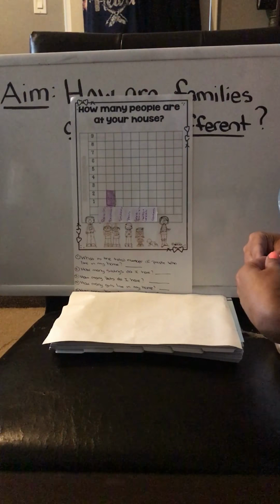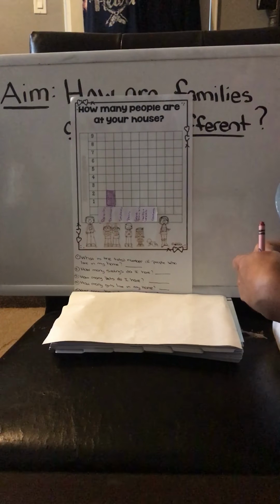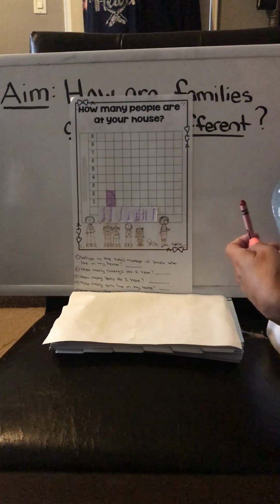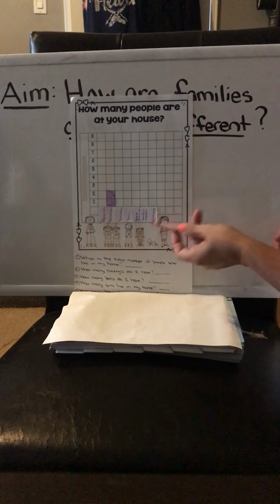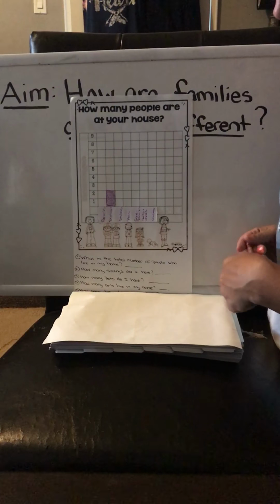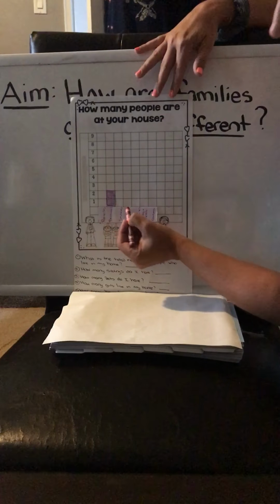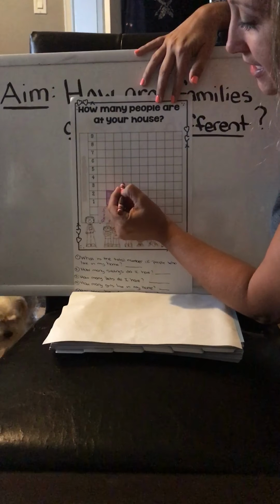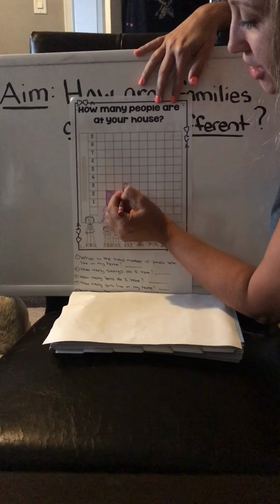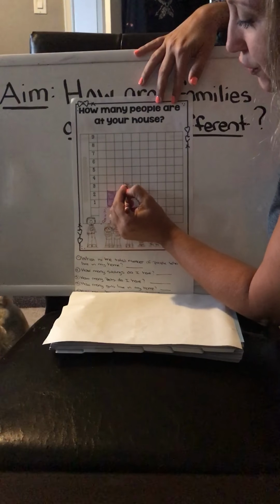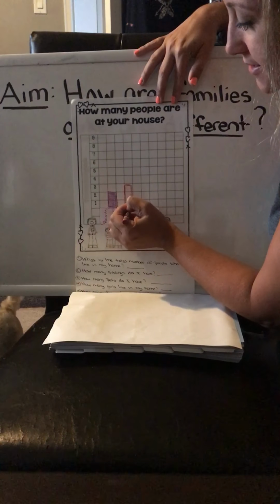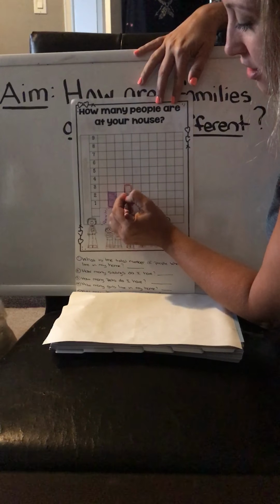And then perhaps later on, when you turn and talk to your partner, you can let them know what type of pets that you have. But for this activity, we're really just trying to see how many people have pets in their home. Alrighty, so since I have 3 pets, I'm going to shade in 3 boxes right here.